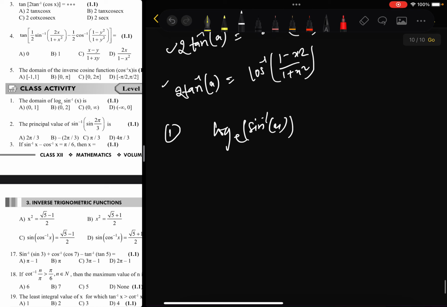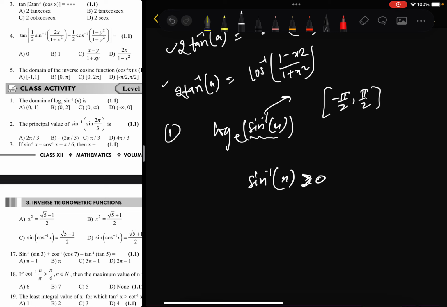Here, first of all, this quantity sine inverse x should be greater than, not equal to, only greater than 0. As you know, the range of sine inverse x is minus pi by 2 to pi by 2, right? So for the given question, the range should only be between 0 and pi by 2, and 0 is also not acceptable.